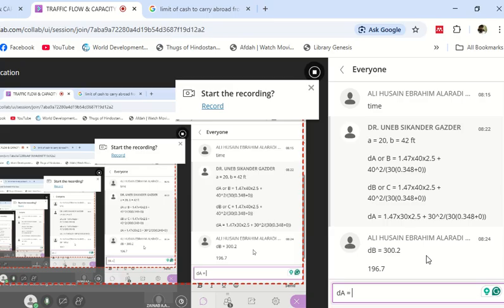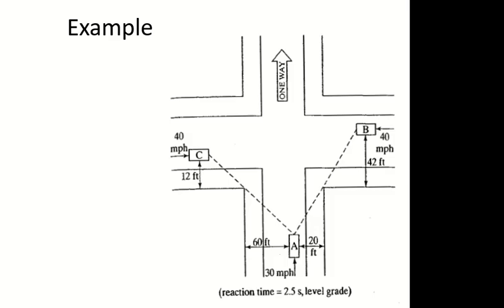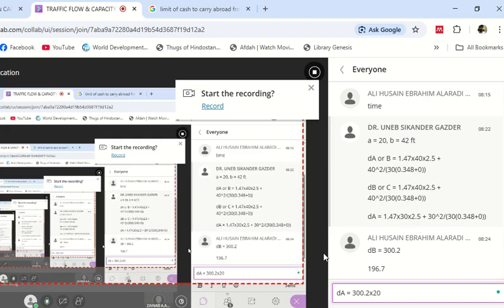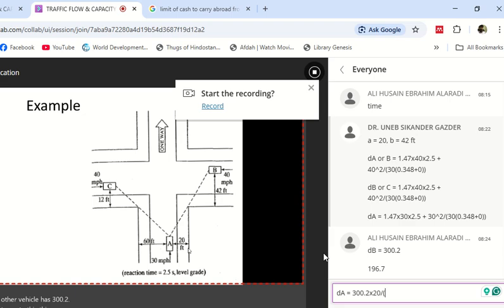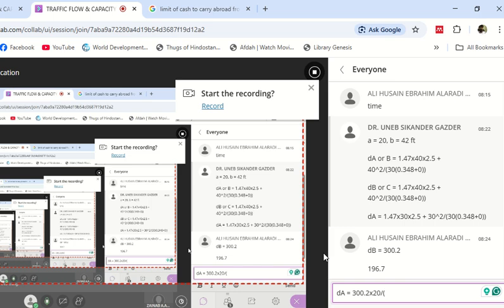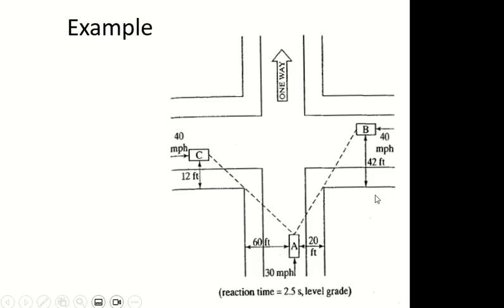So the other vehicle has 300.2. The distance to this thing, so dA will be the value minus B, which is the distance for the other road, this one.